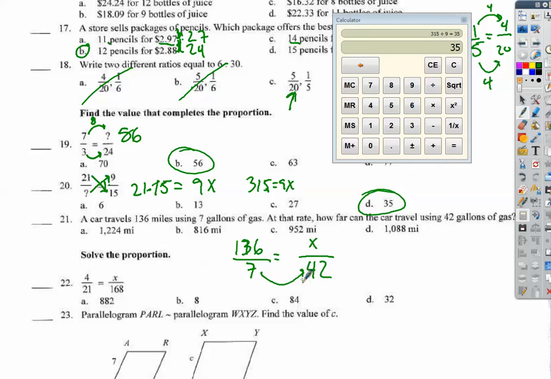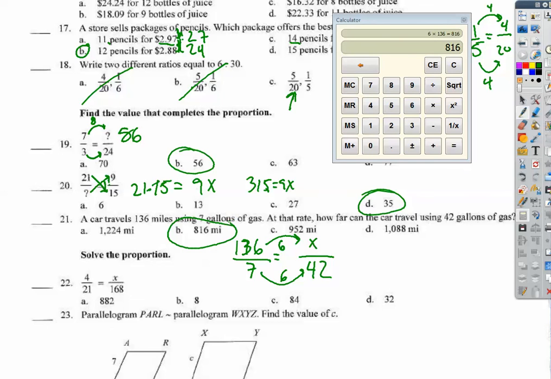Well, 7 times 6 is going to be 42, so I'd have to multiply 136 by 6. And so I get 816 miles, B, on 42 gallons of gas.